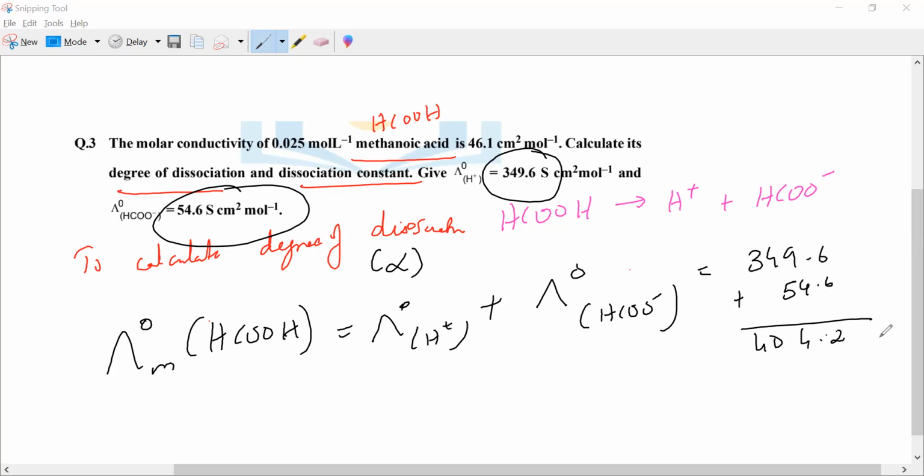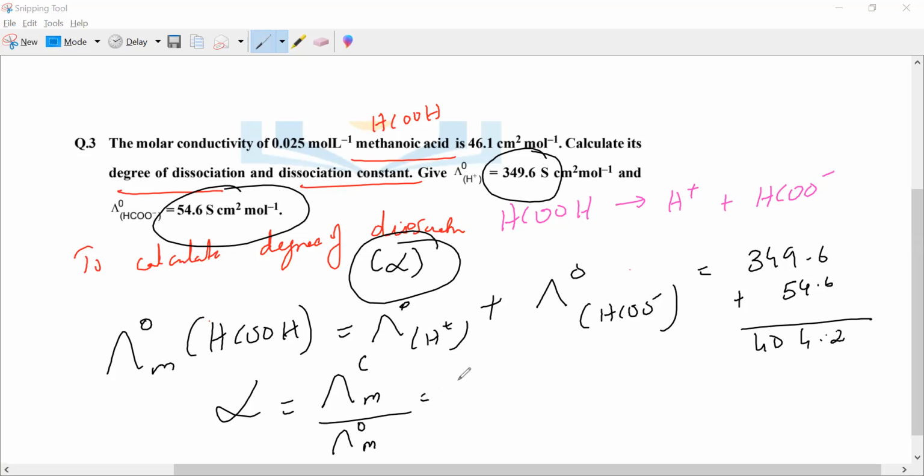Yes. Now the question here is to find the degree of dissociation, that is alpha. So alpha is equal to what actually? It is nothing but the molar conductivity at a particular concentration to the molar conductivity at infinite dilution.